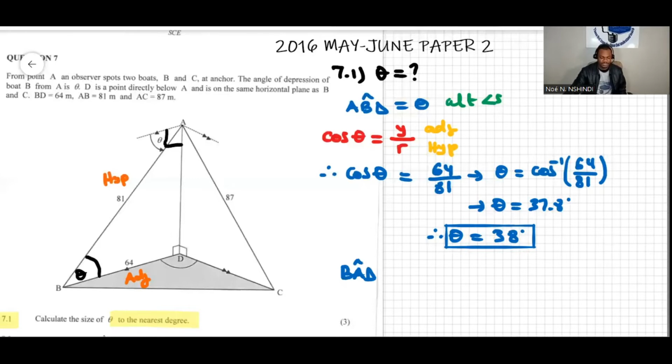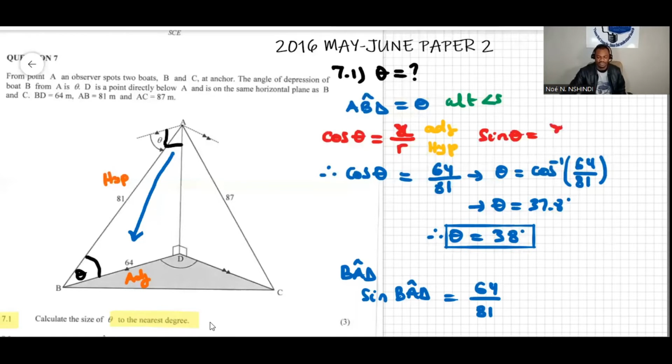This angle is opposite to that, so we can say sine of BAD will be opposite, which is 64, over hypotenuse 81, because sine of an angle by the trig formula is y over r, which means opposite over hypotenuse.